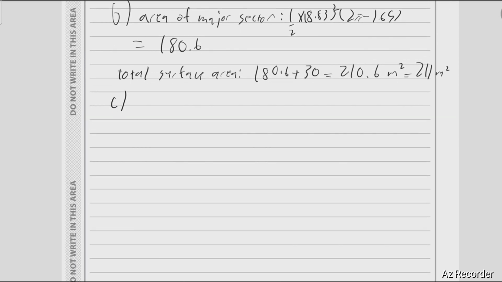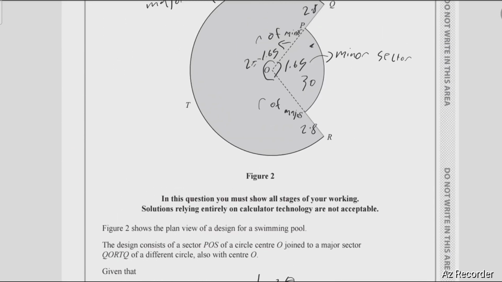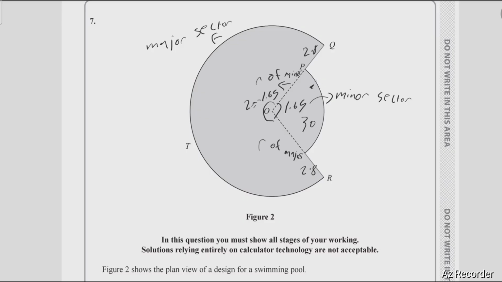C. Now the perimeter is the arc length of this minor sector plus the arc length of this major sector plus 2.8 times 2, which is this side and this side. Don't forget them.